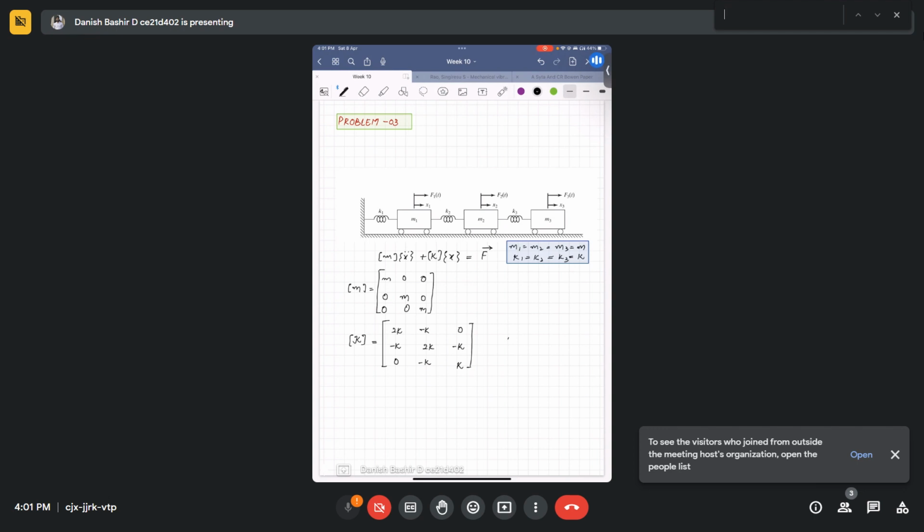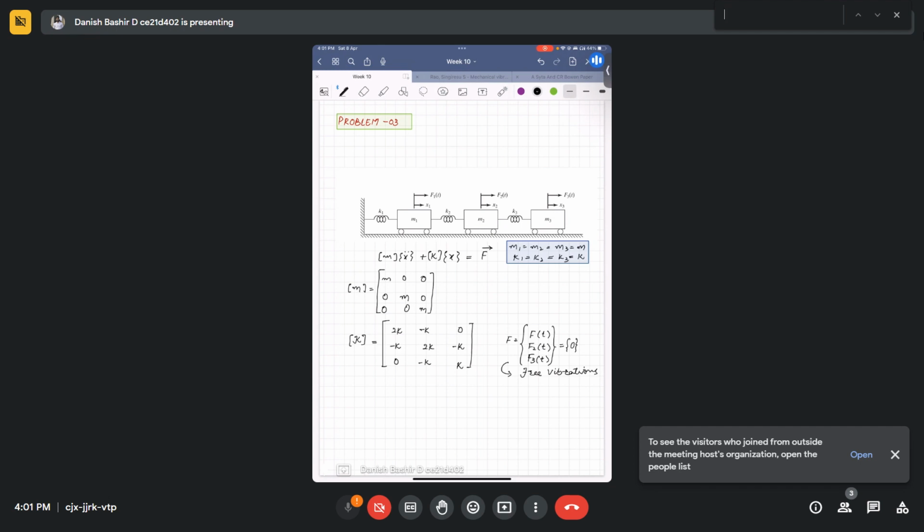Force vector F is equal to F1 of t, F2 of t, F3 of t, and we assume all three to be equal to 0, because it's a free vibration problem.